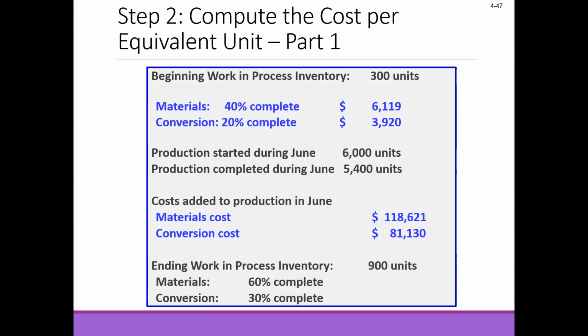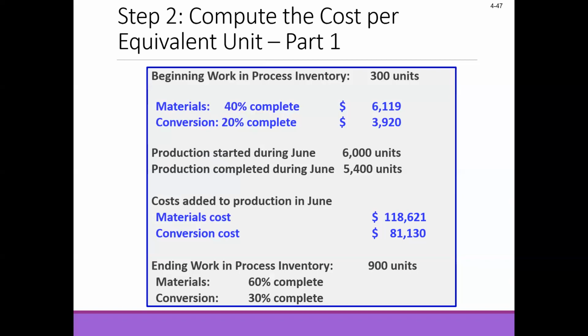And during the month, we added material cost of $118,621 and conversion cost of $81,130. Then we see we have 900 units in ending inventory. Materials complete of 60%, conversion 30% complete.